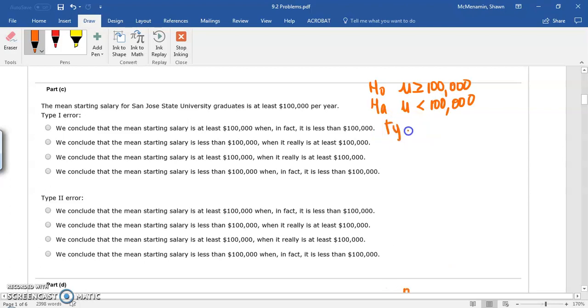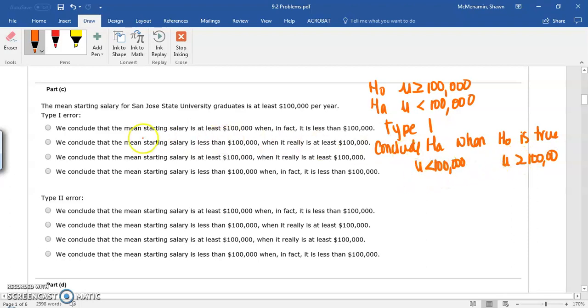A type 1 error is when you conclude HA when H naught is true. Concluding HA is the same thing as rejecting the null when the null is true. So you're concluding that the mean is less than 100,000, that's what HA says, when the mean is actually greater than or equal to 100,000.